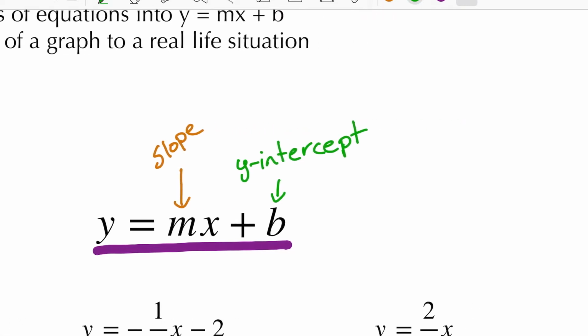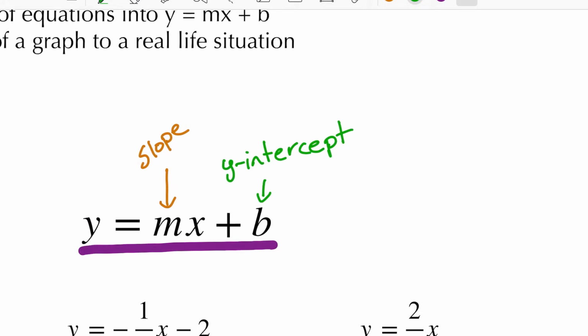Now, both m and b can be elements of the real numbers. So we can have decimal values or anything. But most of the time, when we work with our slopes, we are going to be working with rational slopes, so fractional slopes. And for the most part, just for our ease of use, our y-intercepts are going to be generally integer numbers.